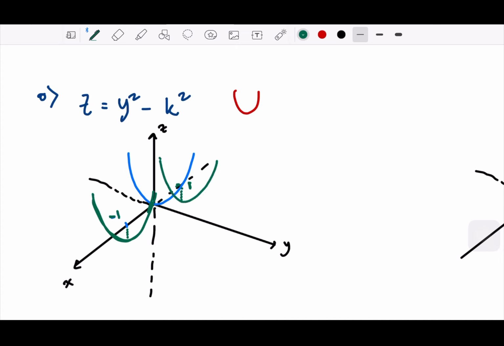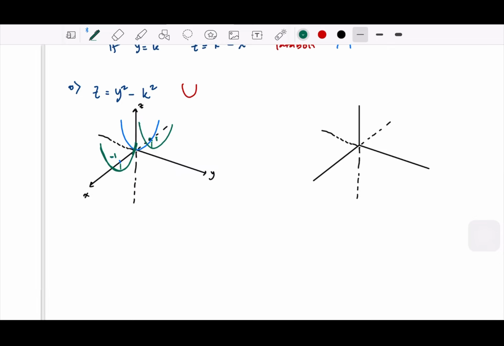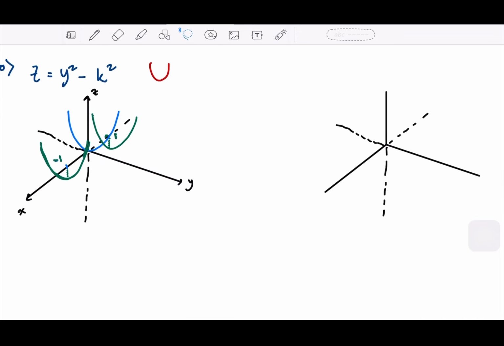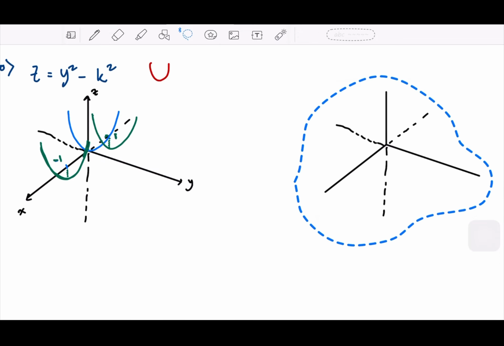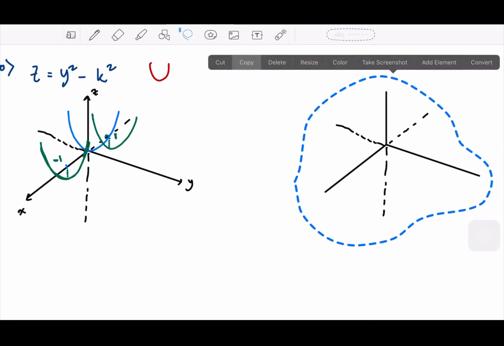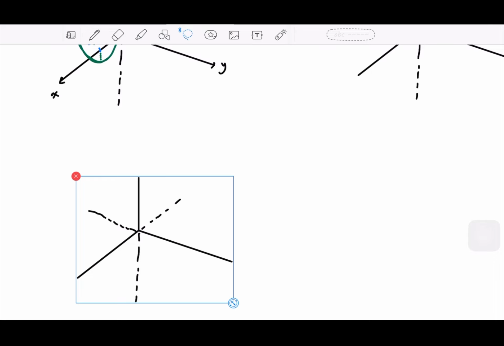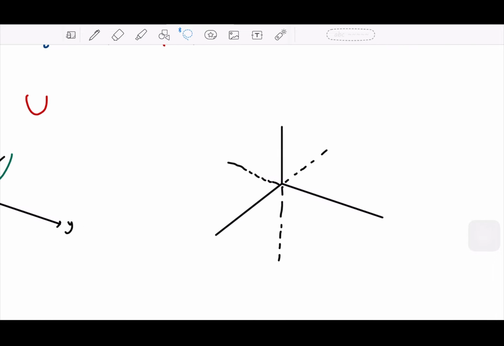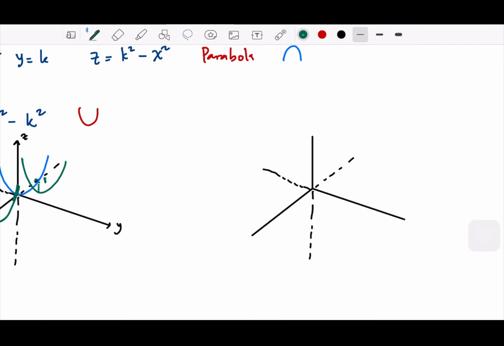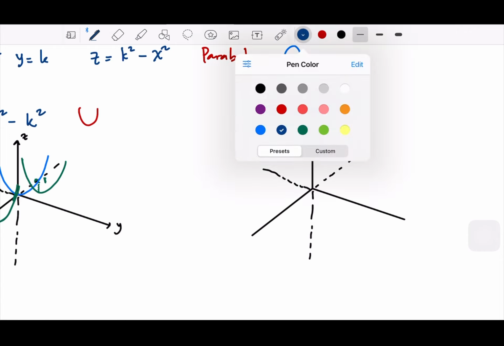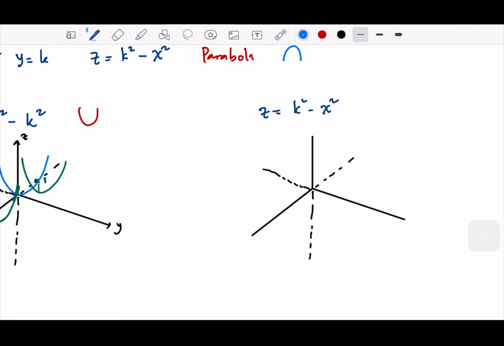Okay, now we are looking at the second parabola, and it will be the upside down parabola.